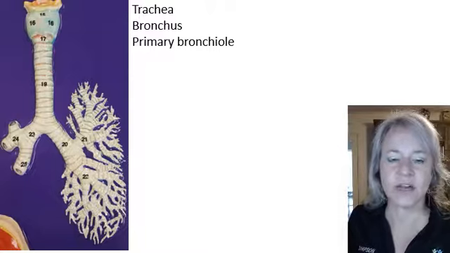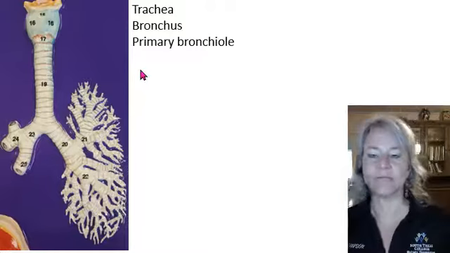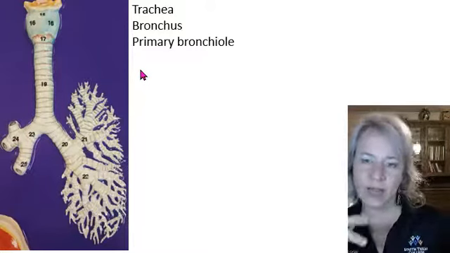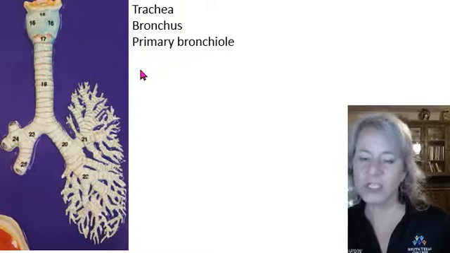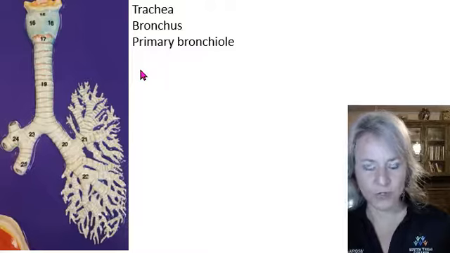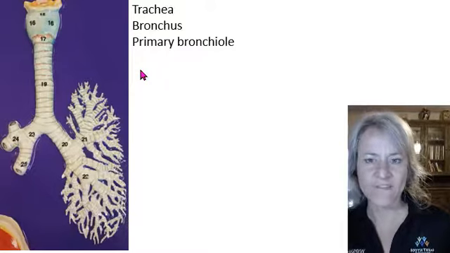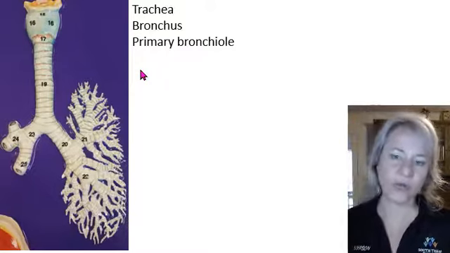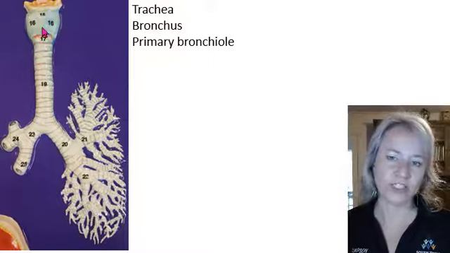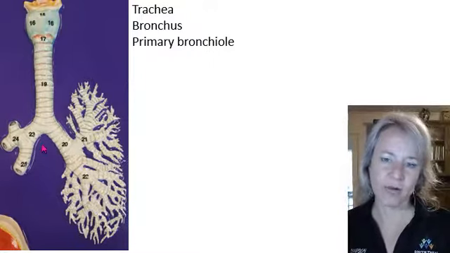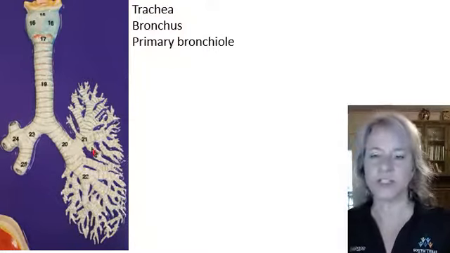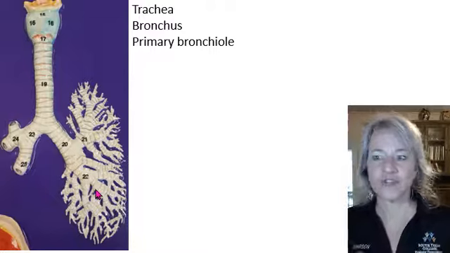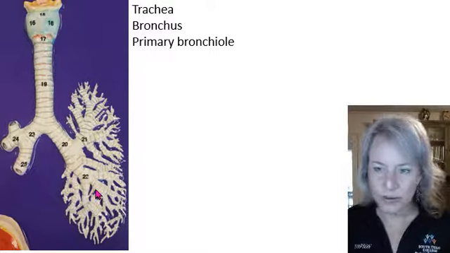So this is the area that the air is just traveling down to the lower respiratory tract, where you're going to have gas exchange. So when the air is traveling through your larynx, trachea, bronchi, right and left bronchus, this primary, secondary, tertiary, terminal bronchioles, it's just traveling through those air passageways.